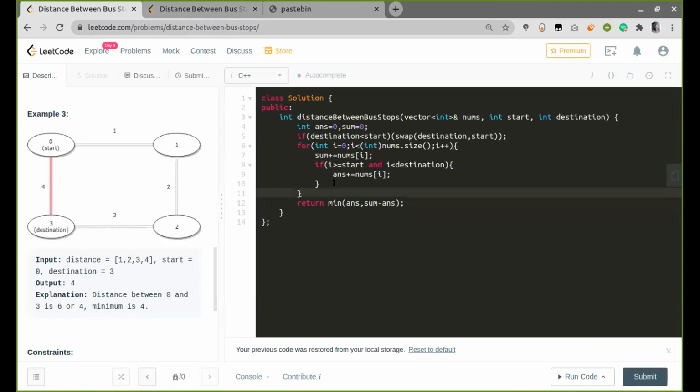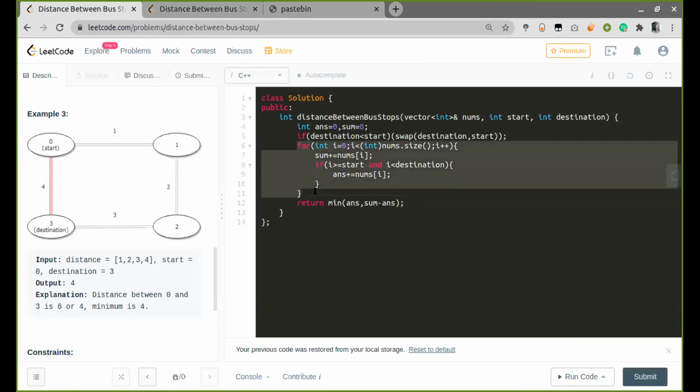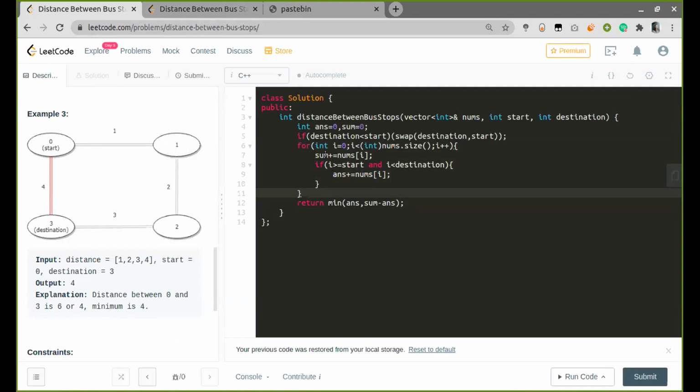Now, in the for loop, I took a variable which stores the sum of the whole path or the travel cost, and I also stored the cost to travel from start to destination in the clockwise direction. The value in the anti-clockwise direction will be the total sum minus the value in the clockwise direction.